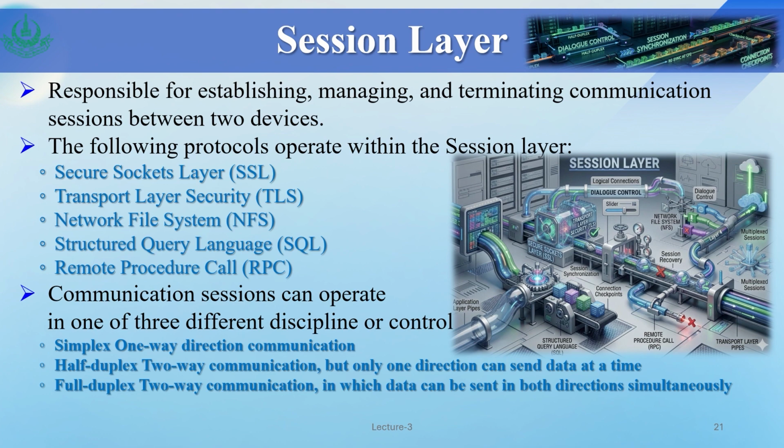Means if computer 1 is sending data, then computer 2 is on standby. When computer 1 has sent its data, then computer 2 can send data back to computer 1. And the third one is full duplex, two-way communication in which data can be sent in both directions simultaneously.